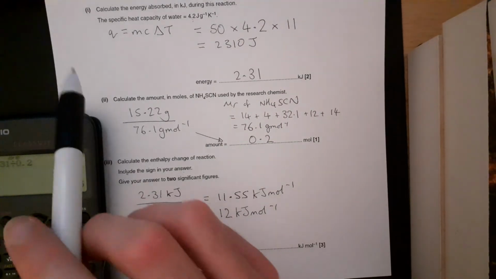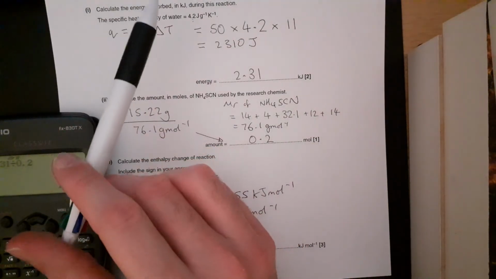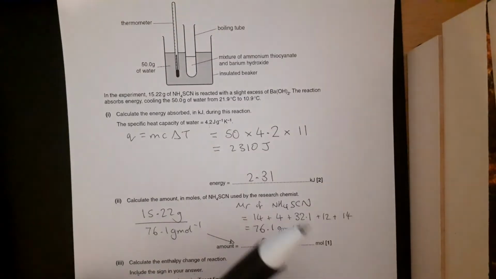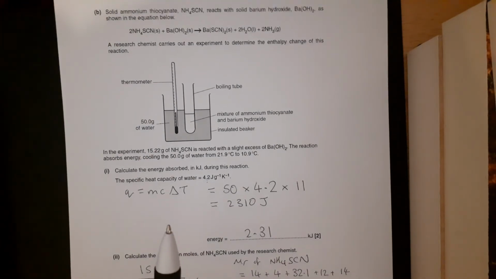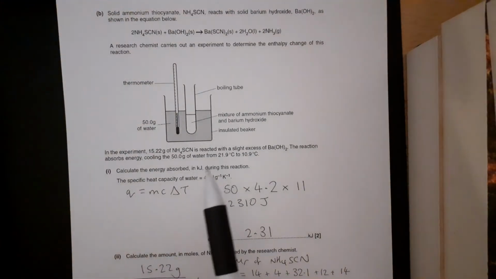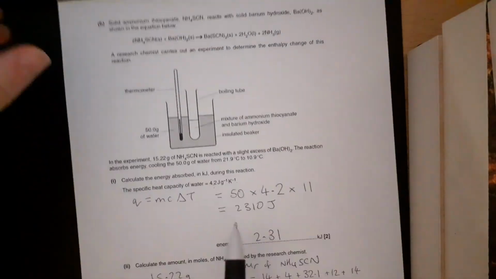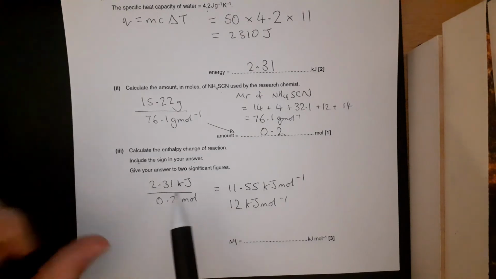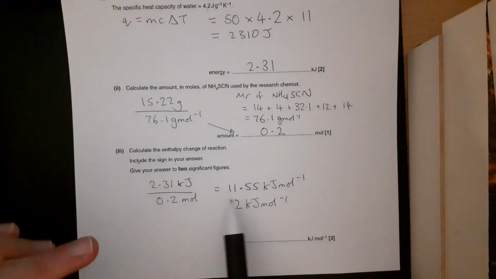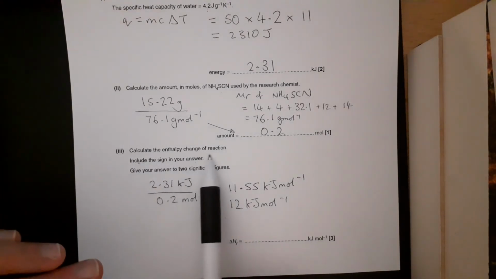But we're going to need to be very careful here, because this question is a bit sneaky. I think they would let you get away with this, but they've asked you to calculate the enthalpy change of reaction.